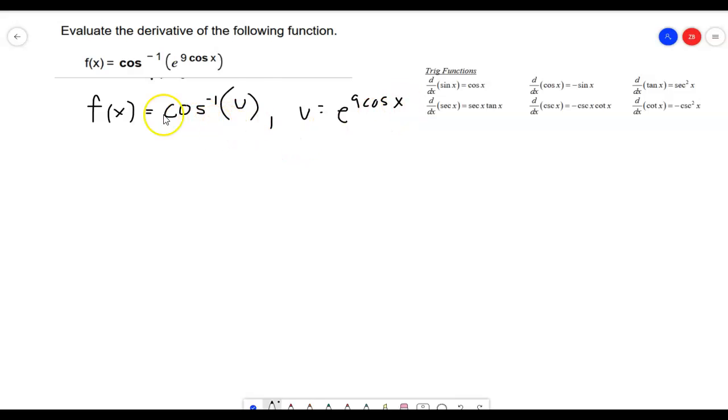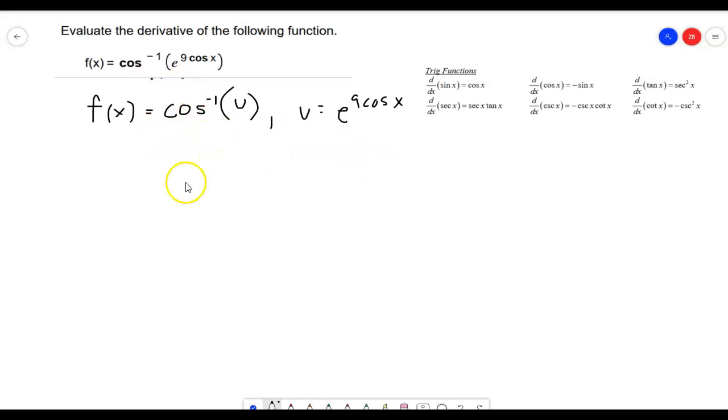I don't have to use a u, but it helps me make sure that the entire function can be written like that. Therefore, I can use the chain rule, and if I write it like that, I can go back and forth, and it helps me not get too confused.